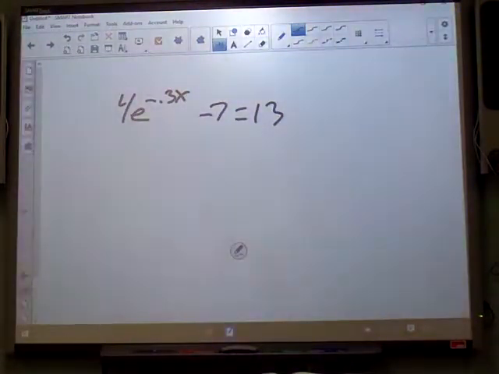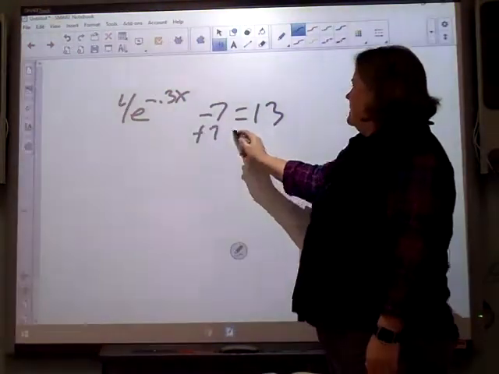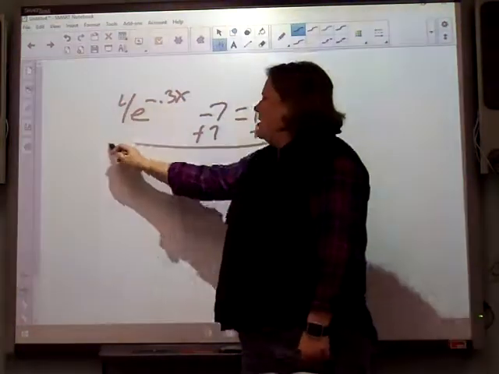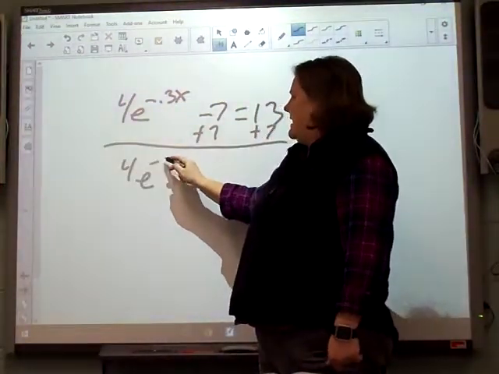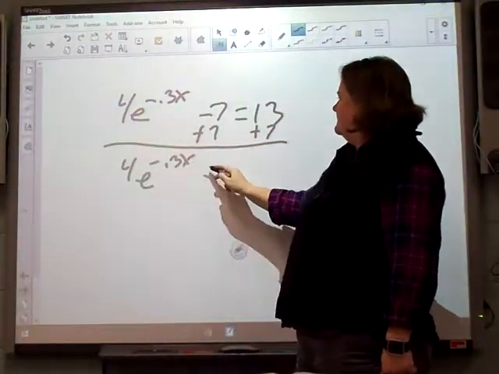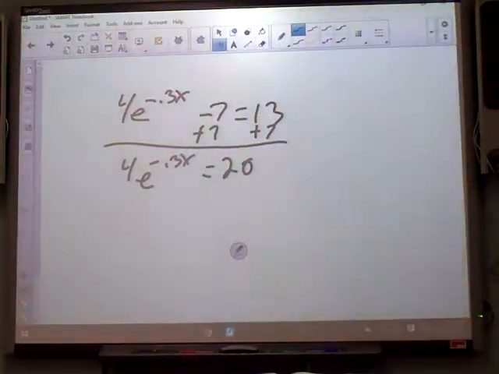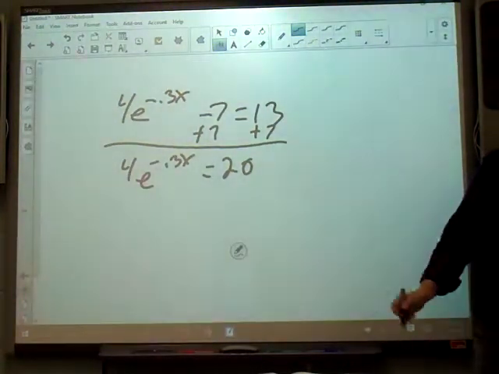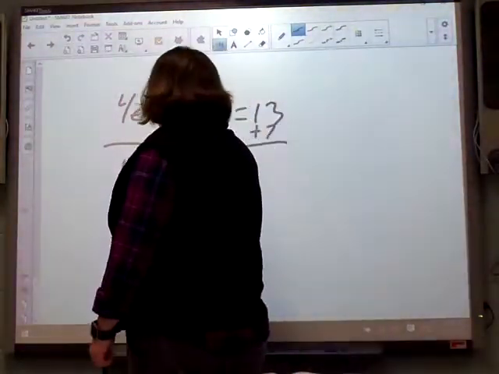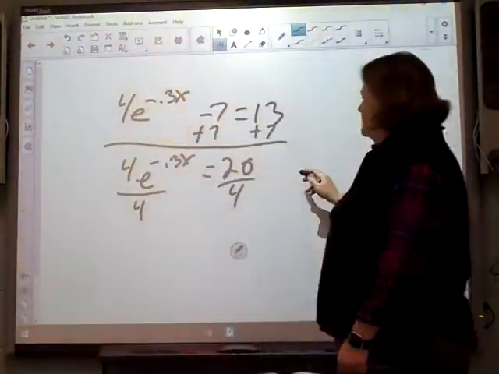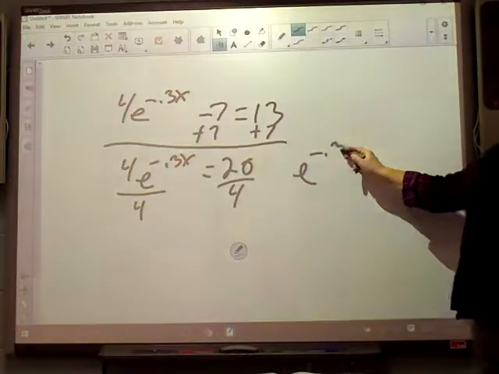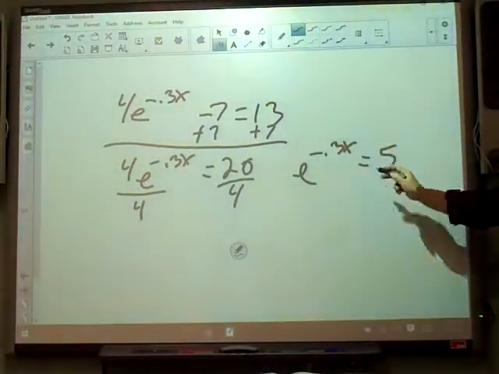That's a good idea. So this is what I call getting rid of extra junk. Think there's any other extra junk you could get rid of? Divide by 4. Very good. That e is being multiplied by 4, so we can divide both sides by 4. So we have e to the negative 0.3x is equal to 5.